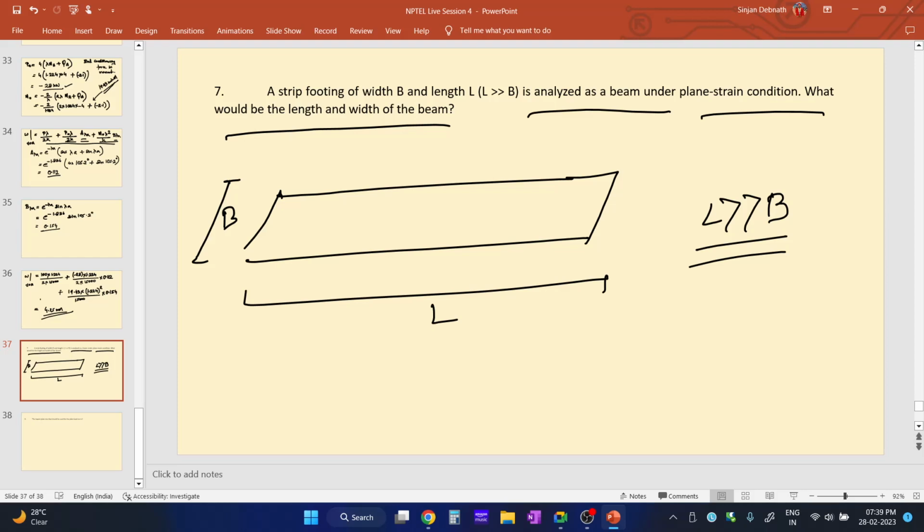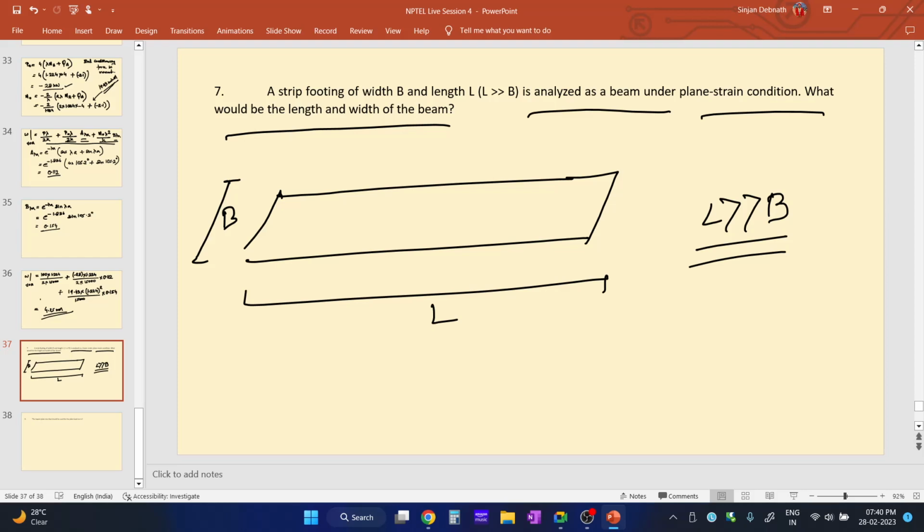We were finding the bearing capacity in kilonewton per meter, for unit length in the case of strip footing. Can you recall that concept?